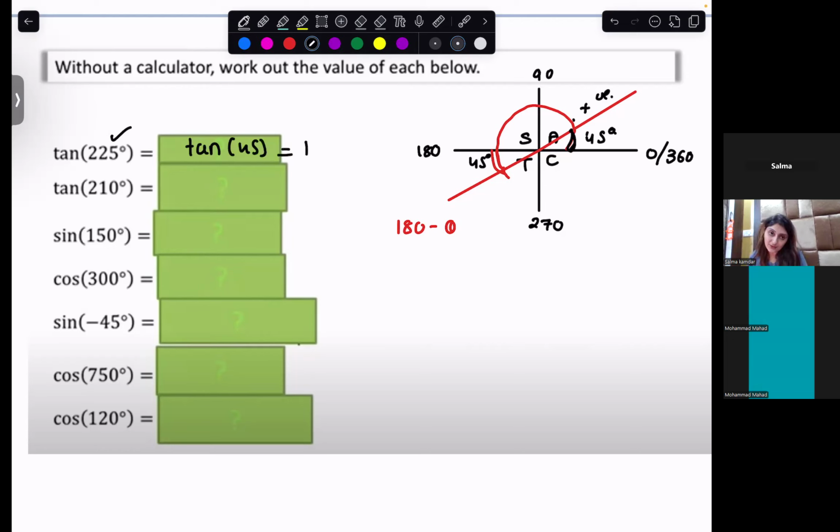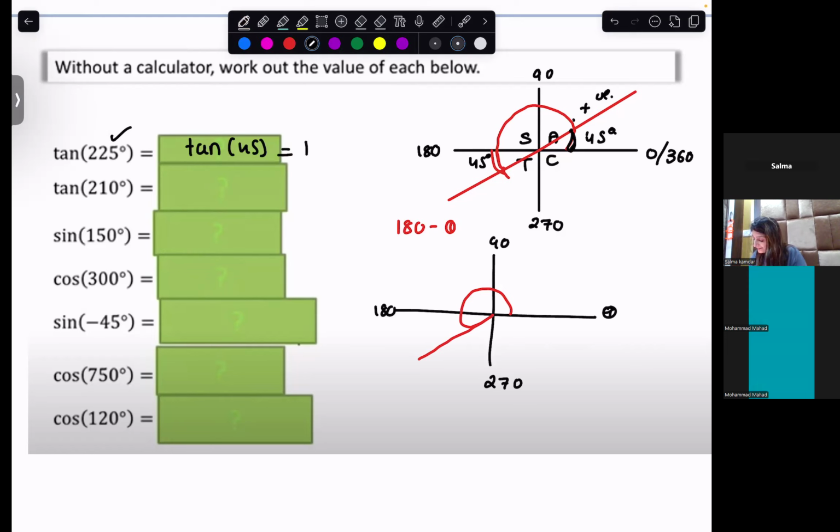You can use your calculator for this. Now we talk about tan 210. It's going to be 30 degrees. How did you do that? It is in the third quadrant, so it is 210 minus 180. Tan is positive in the first and third quadrants, with 0, 180, 270.